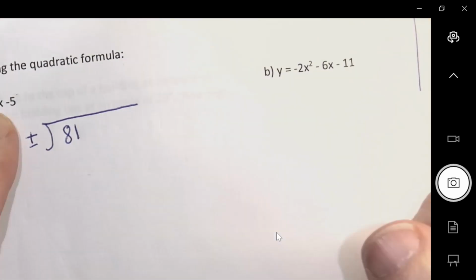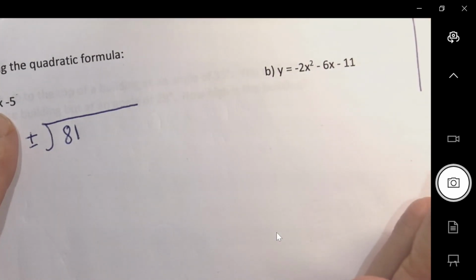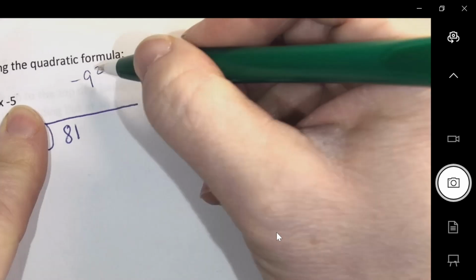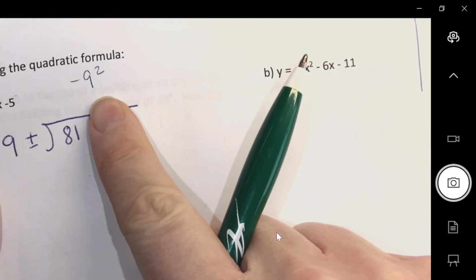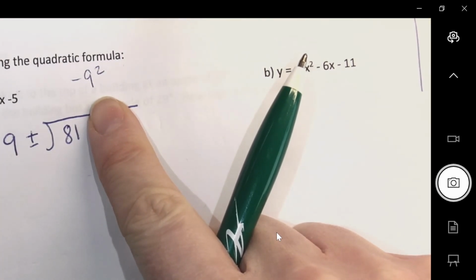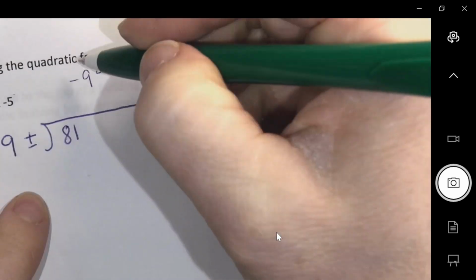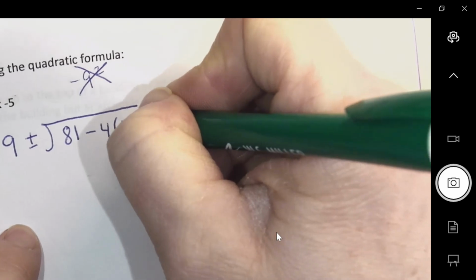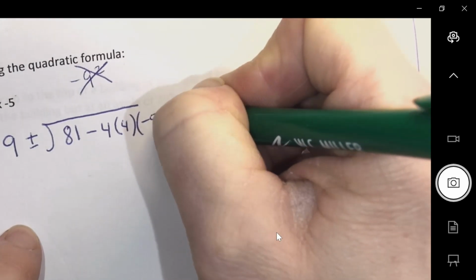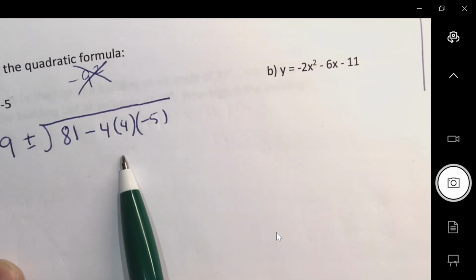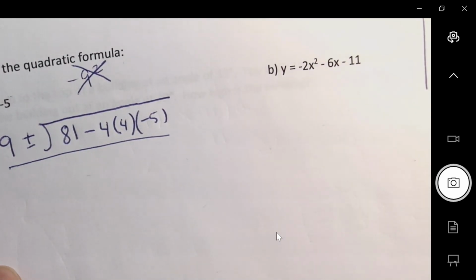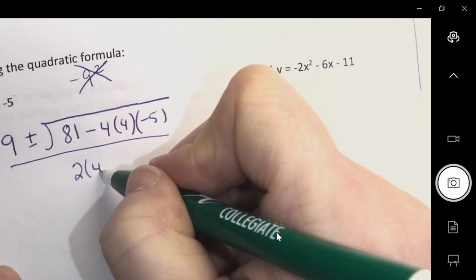Positive 81. That's always positive. The people who don't do this, just writing 81, I get so many errors like that, and then all of a sudden they put a negative 81 into it. That's the big mistake there. Minus 4 bracket negative 5, all over 2 bracket 4.